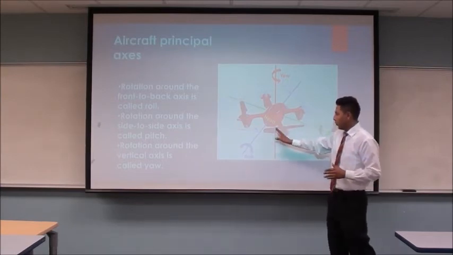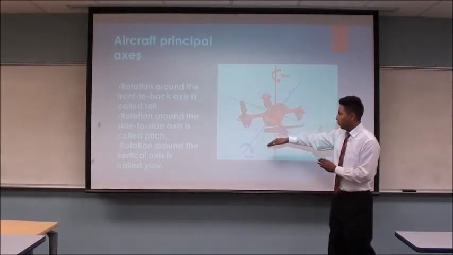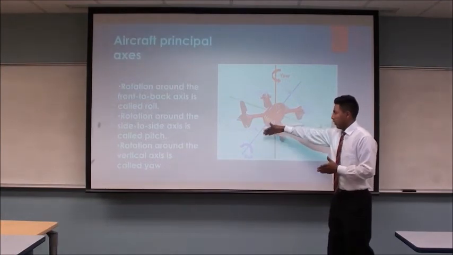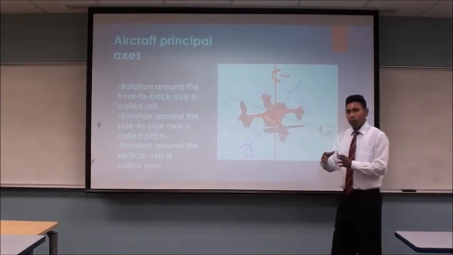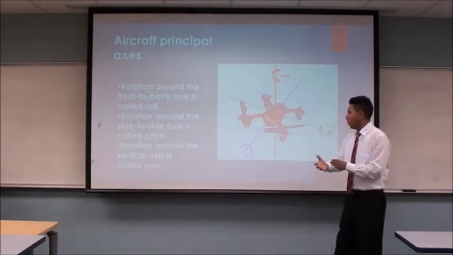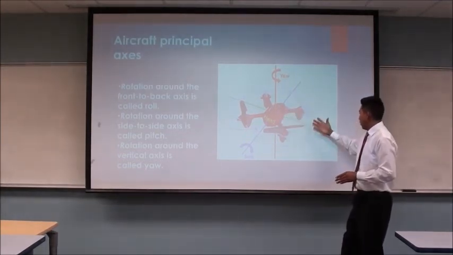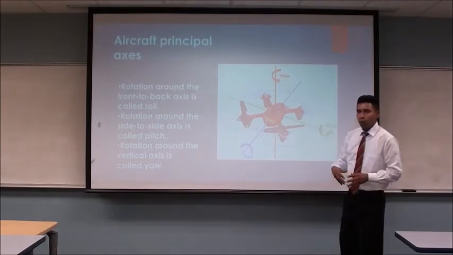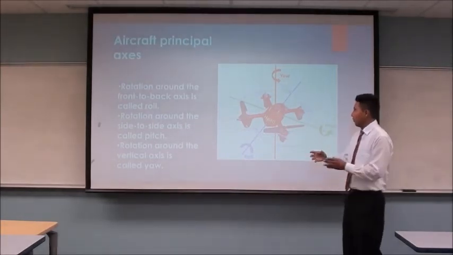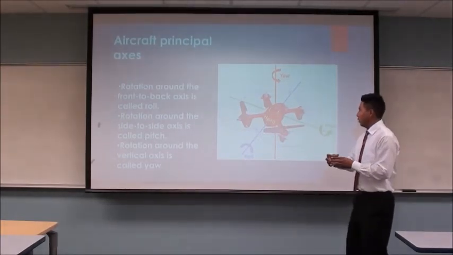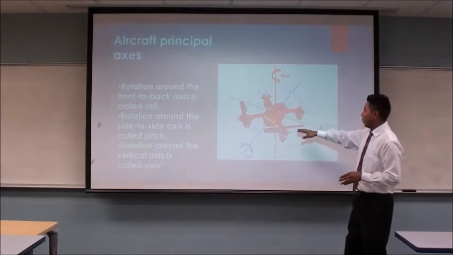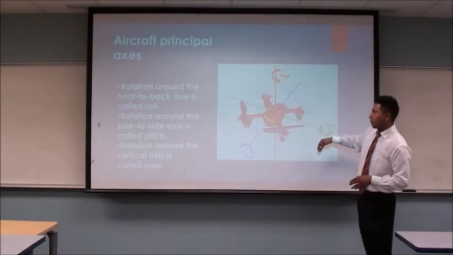For example, if you make the drone spin along, let's call this the x-axis, that movement will be called roll. If you make it spin along the y-axis, that will be called pitch. And if your drone spins along the z-axis, that movement is called yaw.